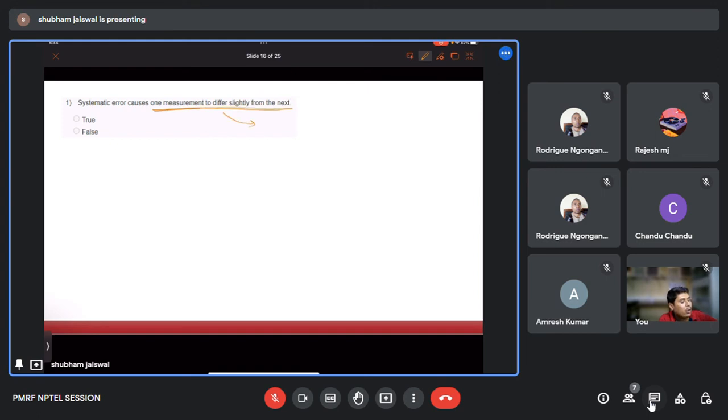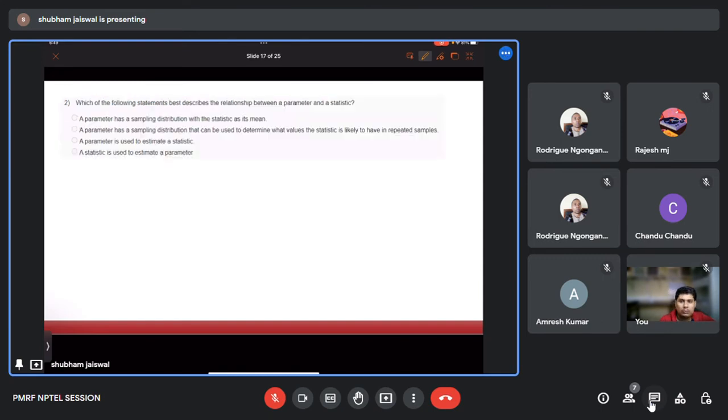This is the case for random error, and they are talking about systematic error. So the correct answer will be false, because in systematic error the measurement will not differ slightly from the next one. Only in the case of random error will this happen. So now moving to our next question.